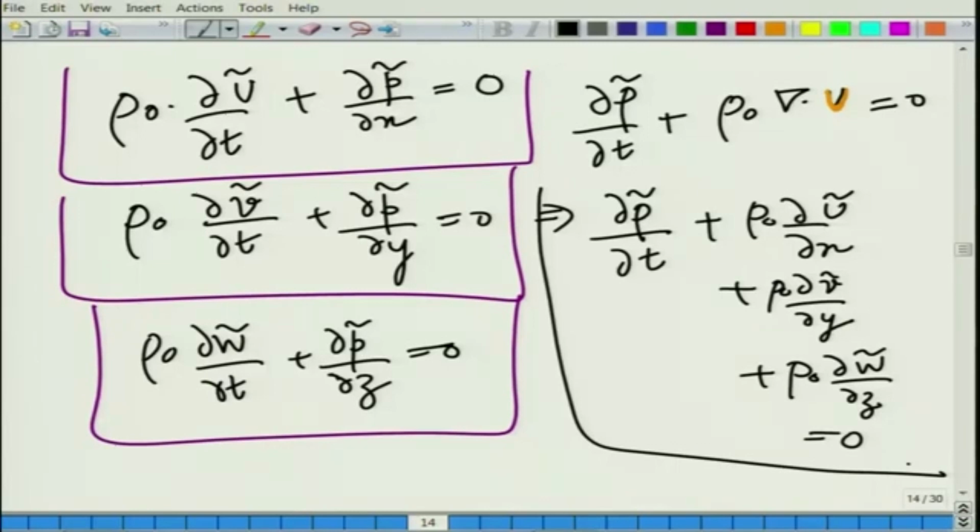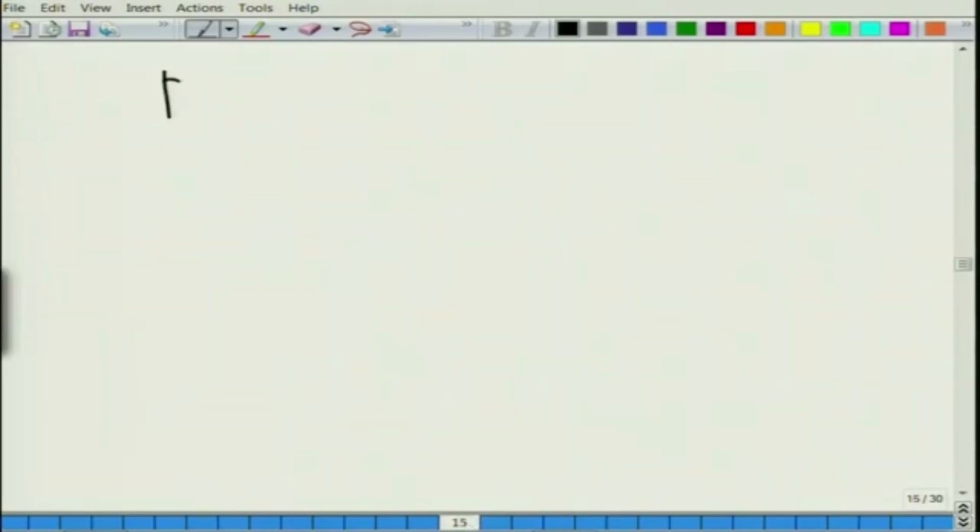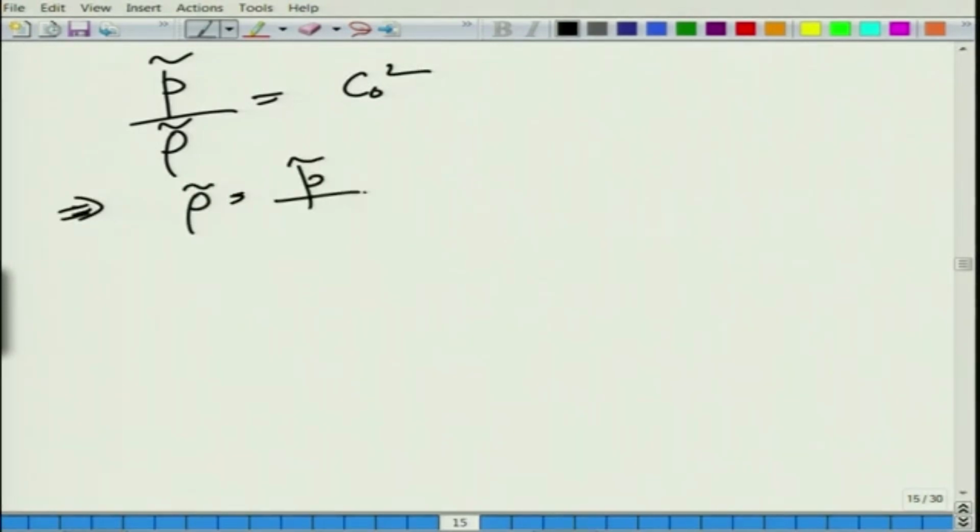So, we have three equations. Let me call these 5, 6, 7 and 8, 5 to 8. These are the equations that constitute the equations for getting the wave equation. Now, we will also immediately use the isentropicity condition. Recall from last week's lectures, P tilde by rho tilde is nothing but C naught square, the sound speed, the small signal relation. So, rho tilde would become P tilde by C naught square.